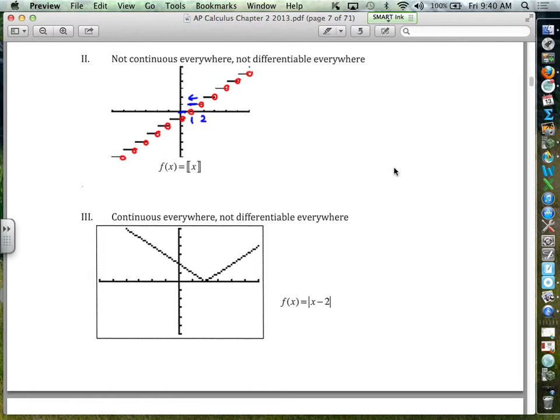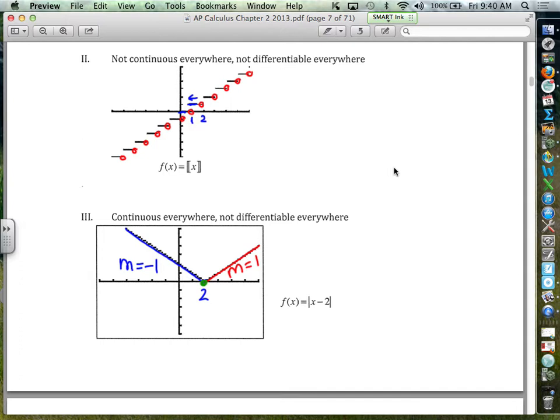For number 3, if you look at this absolute value graph, coming from the left side of 2, you have a slope that is negative 1. Coming in from the right side of 2, you have a slope that is positive 1. But right at 2, it doesn't have a slope of negative 1 or positive 1.